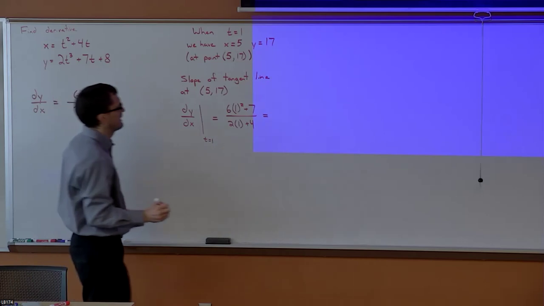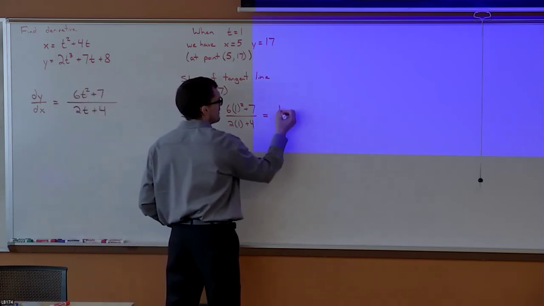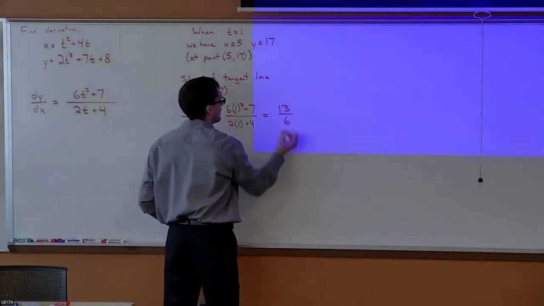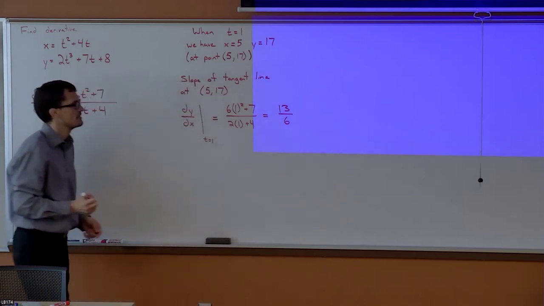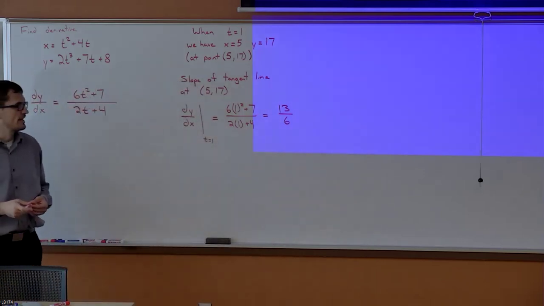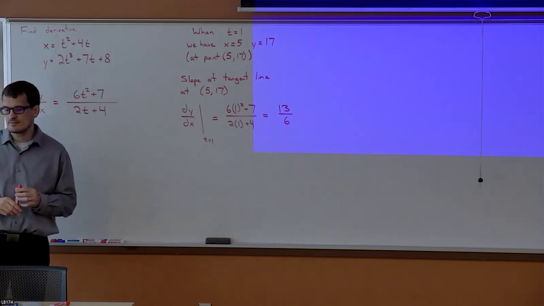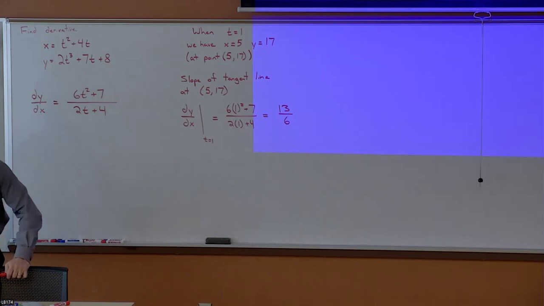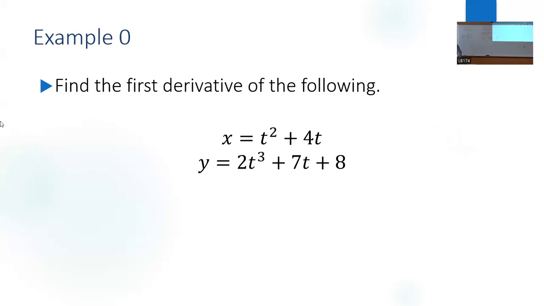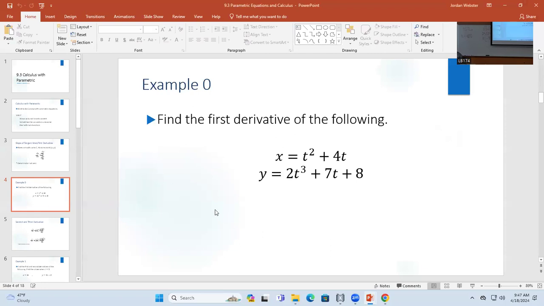So that would be 13 over 6. So the slope of the tangent line at (5, 17) is 13 over 6. And let's take a look at that on Desmos and see that it makes sense. All right. Hopefully, this makes sense.